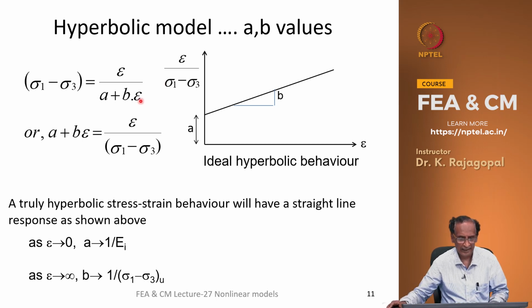And what are these A and B? We can easily guess by reformulating this equation as A plus B epsilon equals epsilon by sigma 1 minus sigma 3.